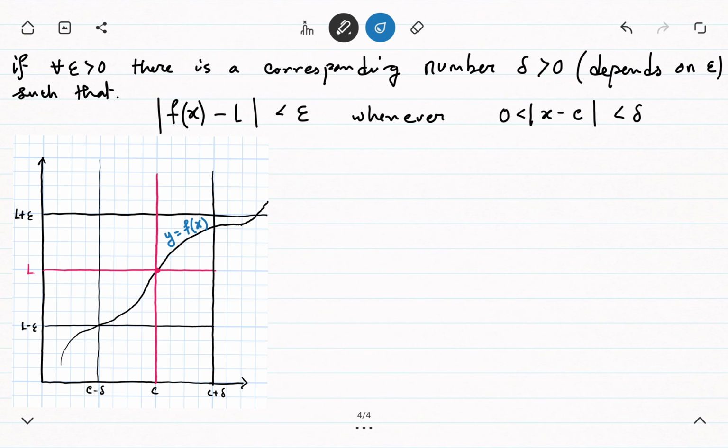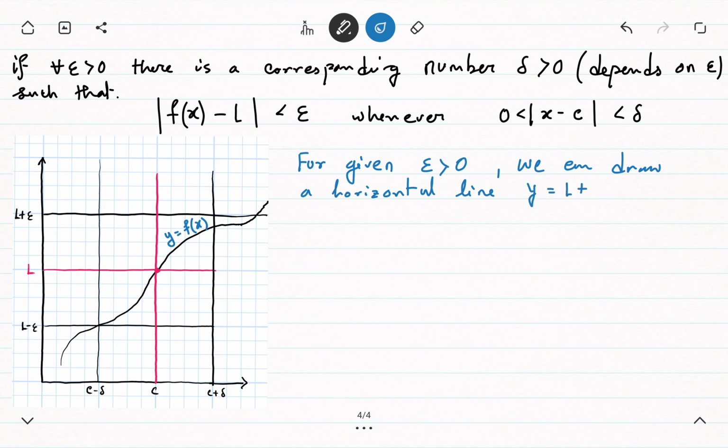So for a given epsilon greater than 0, we can draw a horizontal line, that is y equals L plus epsilon, and y equals L minus epsilon.